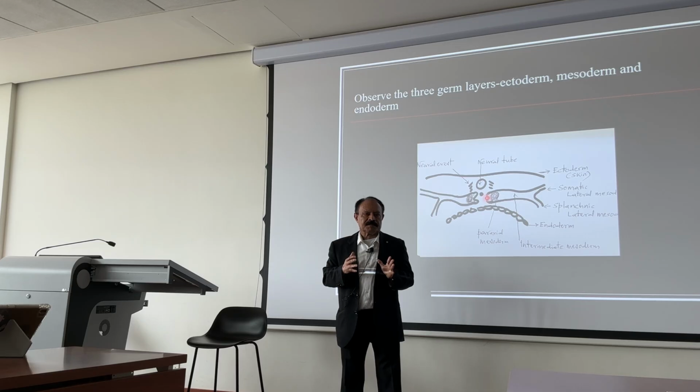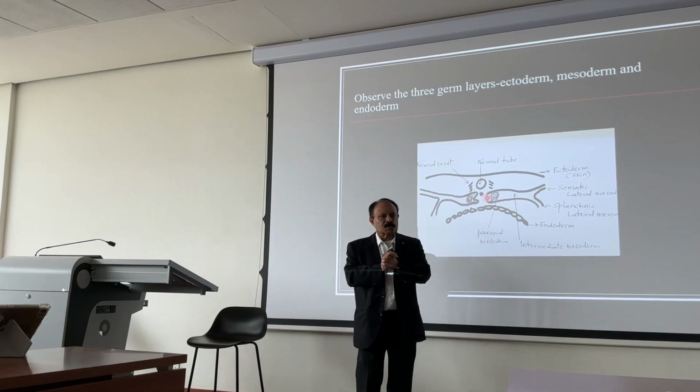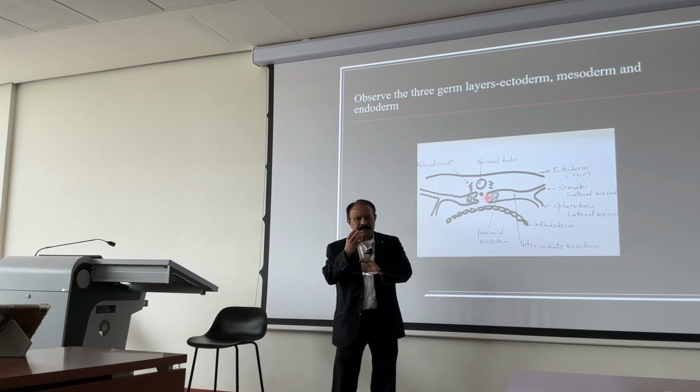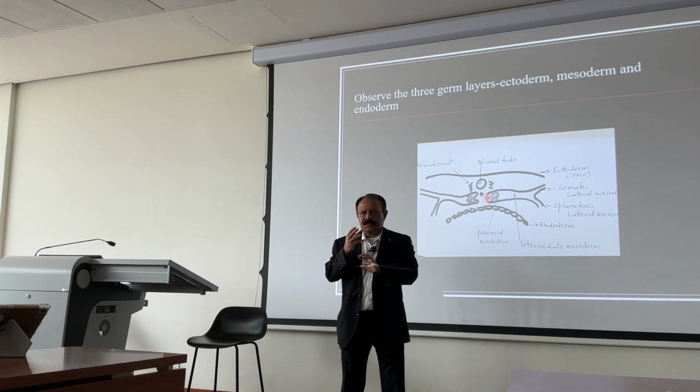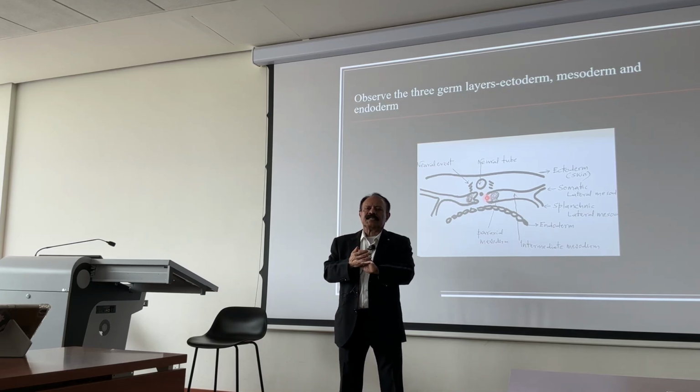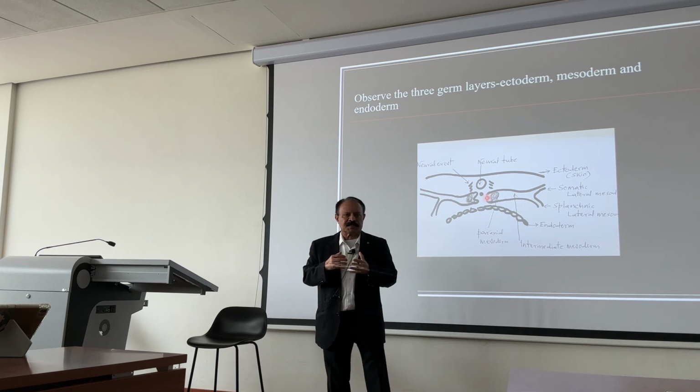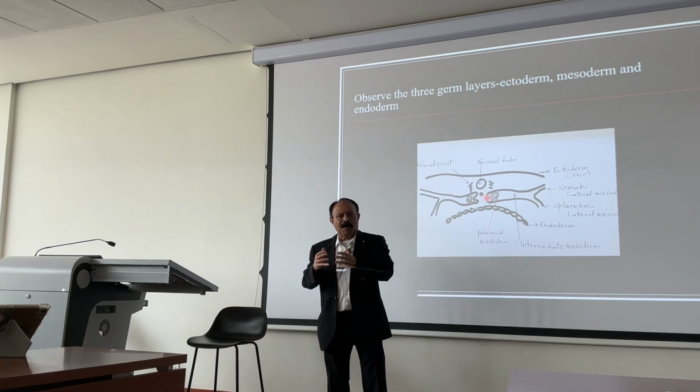So bone and the connective tissue, like the blood vessels and the connective tissues, they all come from the lateral mesoderm. So if I have to produce the upper limb, look at me very carefully or try to understand what are the structures we need for the upper limb. We need bones coming from the lateral mesoderm. We need muscles coming from the paraxial mesoderm or the somites or the myotome.